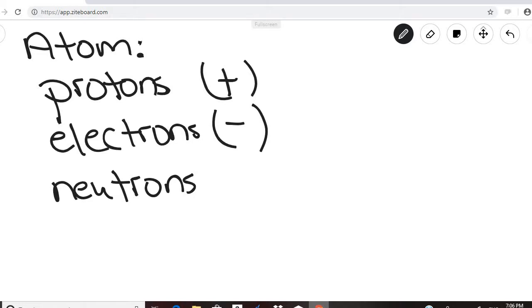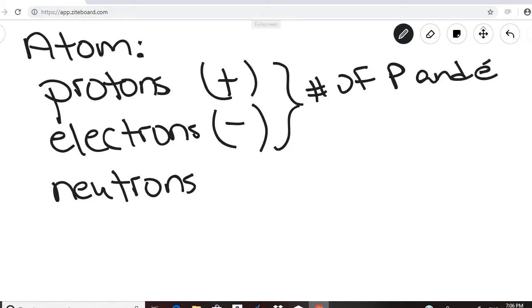So since in an atom the number of protons and electrons are equal, they cancel each other out, and that means that an atom has no net charge.